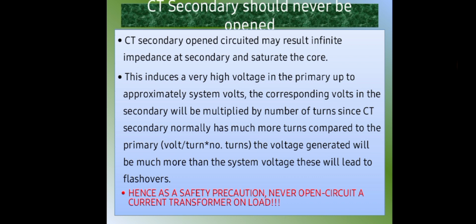The corresponding voltage in the secondary will be multiplied by the number of turns, since the CT secondary normally has many more turns compared to the primary. Here the voltage generated will be much more than the system voltage. This will lead to flashover.